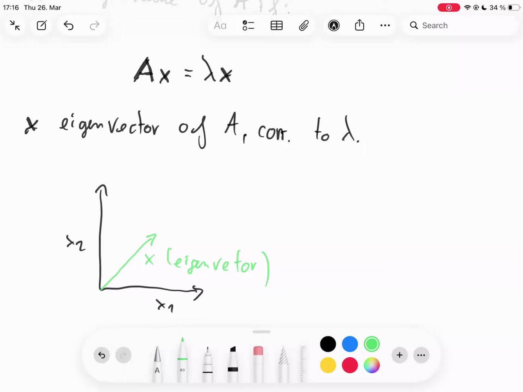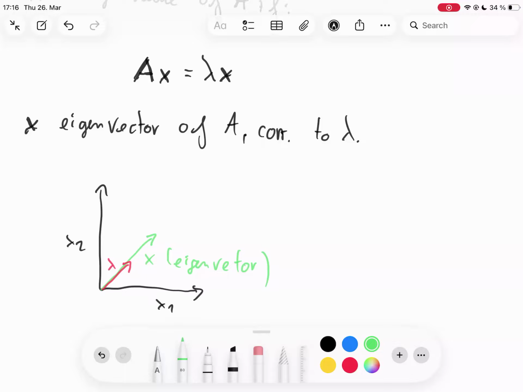If I multiply a matrix with its corresponding eigenvector, then the direction of the eigenvector does not change, and its length gets changed by the factor of the eigenvalue. So this would be the lambda. Imagine this was my x and I multiply it with its matrix, then the direction does not change, but the length of the vector changes.